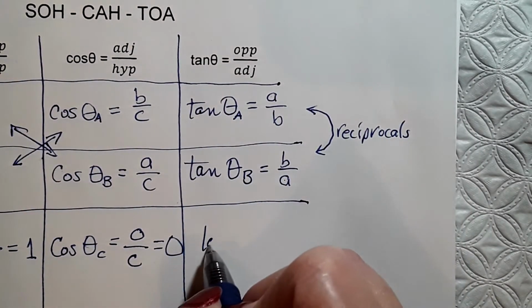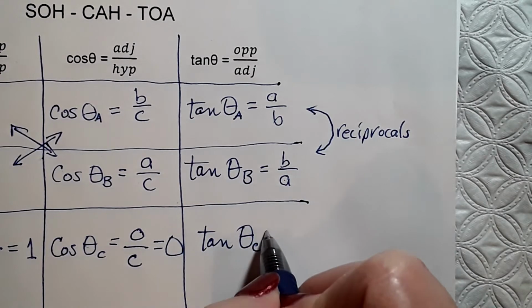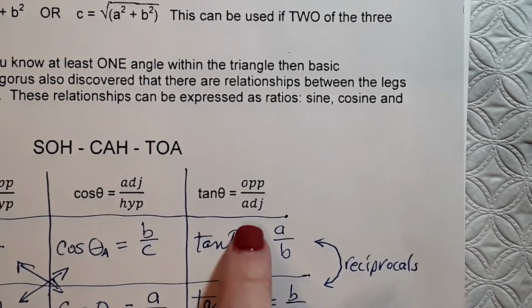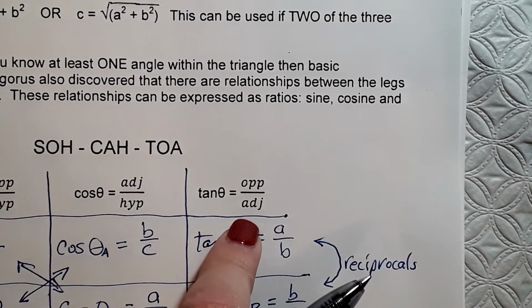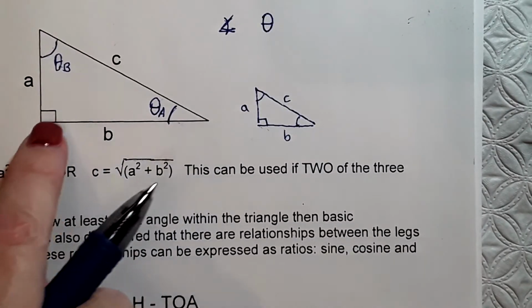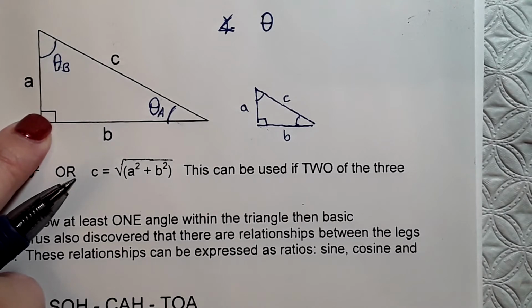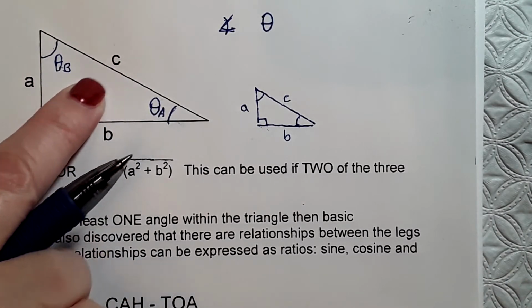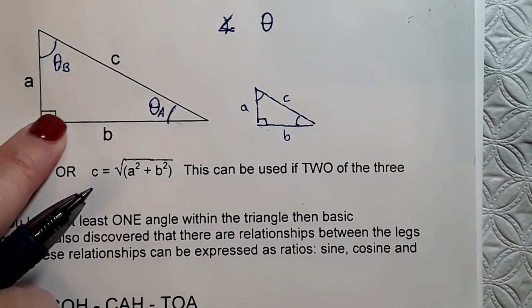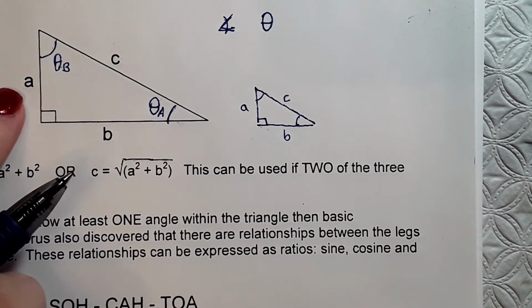Now, last one. Let's look at the tangent of angle C. Tangent is defined as the opposite leg divided by the adjacent leg. So let's look. Here is angle C. And the opposite is side C, the hypotenuse, and the adjacent leg, oh, well, there's that problem again.